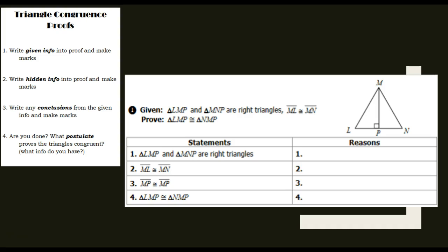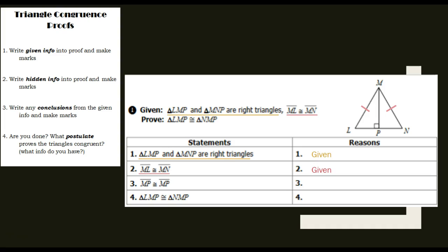All right, I think there's just one or two more. So step one, write your given information into your proof and how you know. Another piece of given information, make your marks, write it into the proof, say how you know.